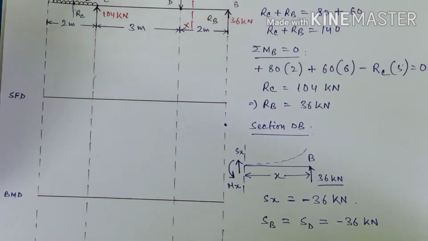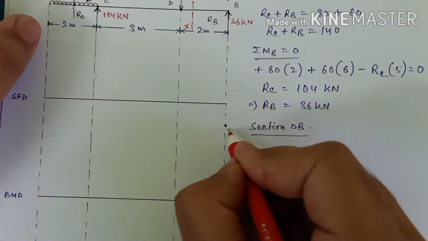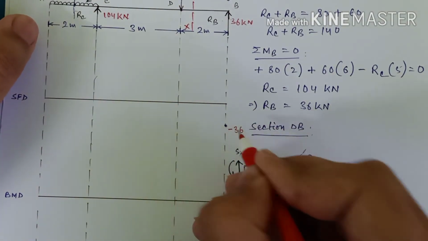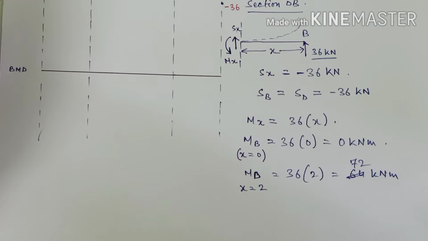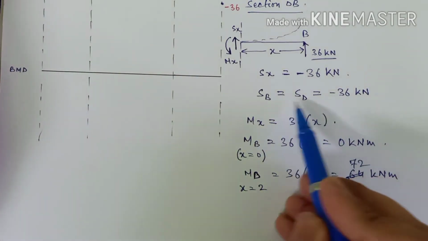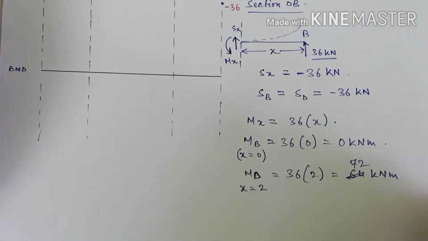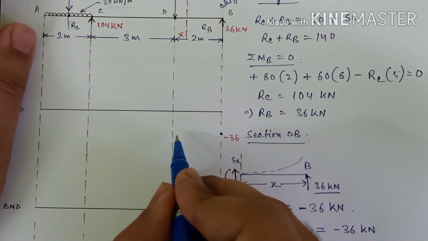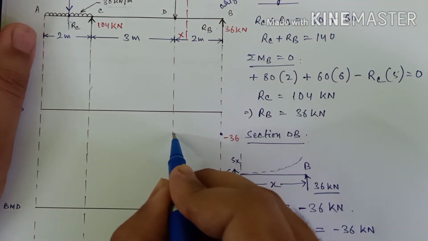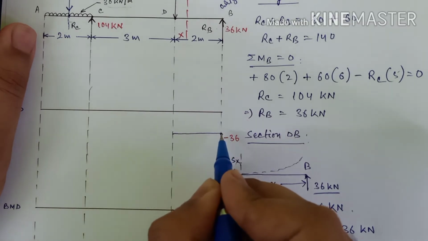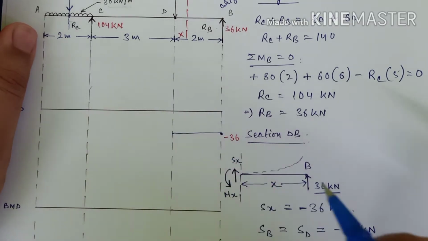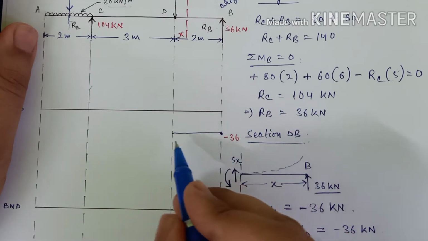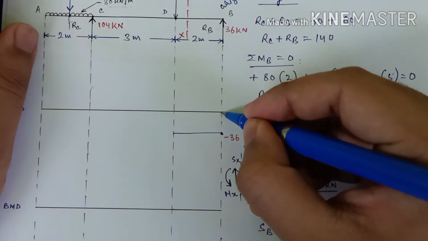Let me write it in red, minus 36. And see guys, this does not depend upon the X, which means we are going to have a constant value of shear force. So from B to D, the value of shear force will be constant.